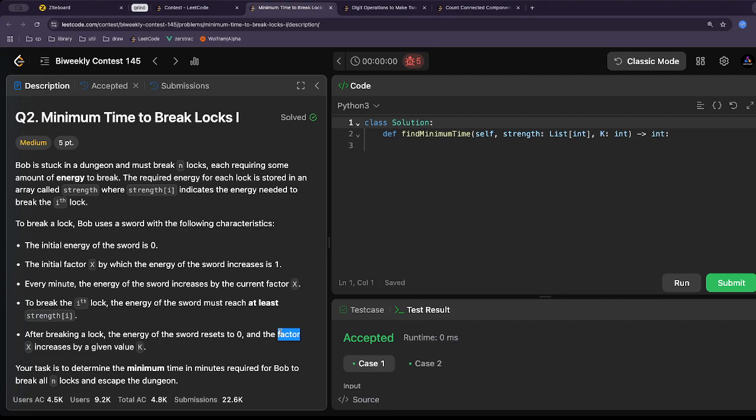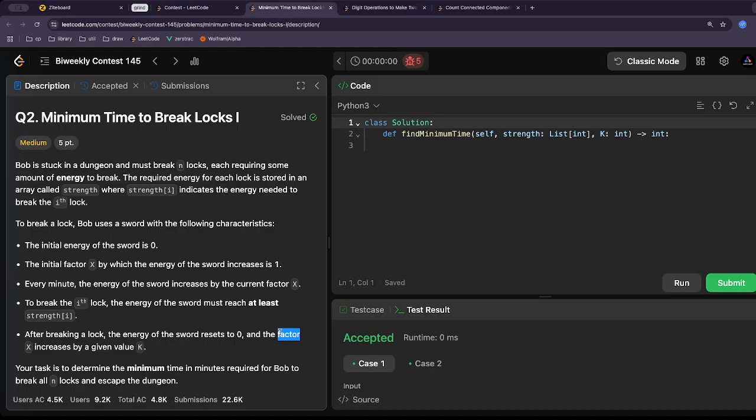Of course you're going to break the locks in some order, right? It doesn't make sense to hit a lock and switch to another lock before breaking that one. You're going to choose one, hit it until you break it, and then you move on to another one, and so on, right? So you have to decide in which order you're going to do it.